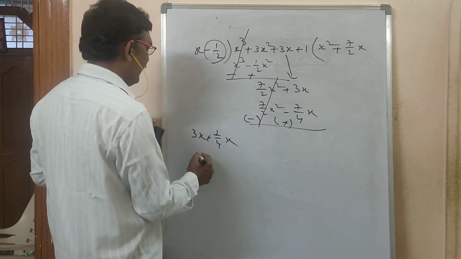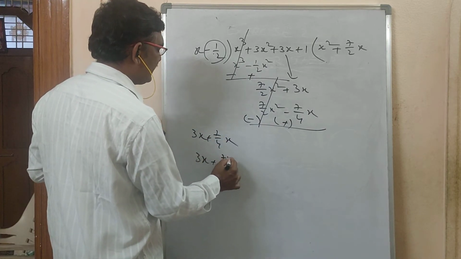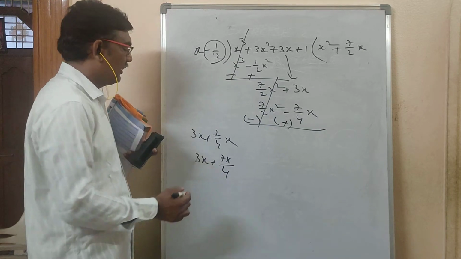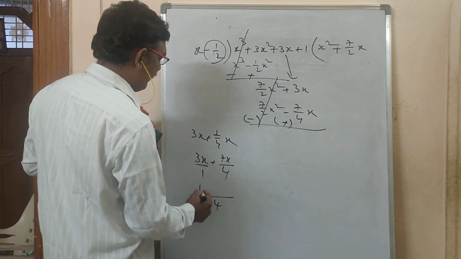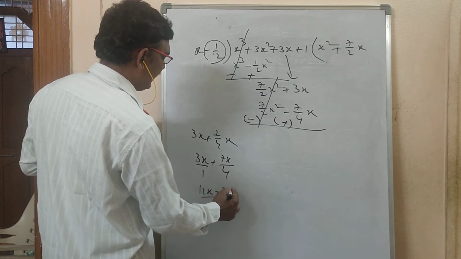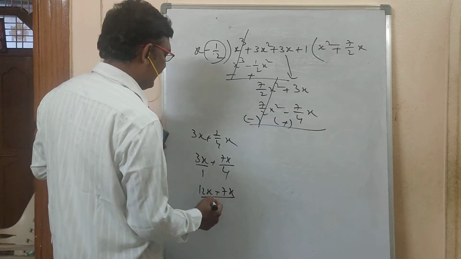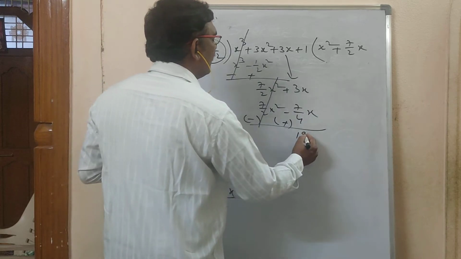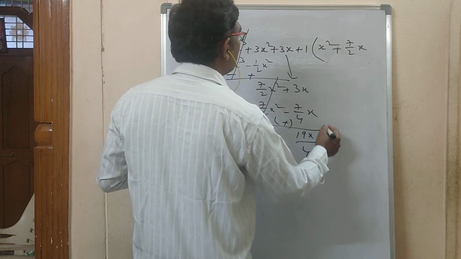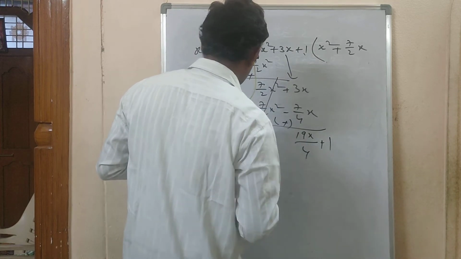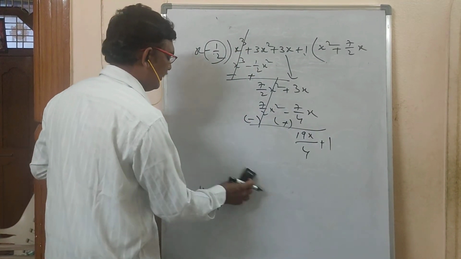These two, 7 by 4x you can write as 7x by 4. Now 3x by 1, LCM 4: 12x, 7x. 12x plus 7x, 19x. 19x by 4, and here plus the last term, keep it down, 1.